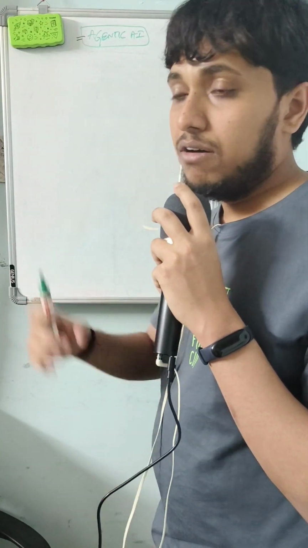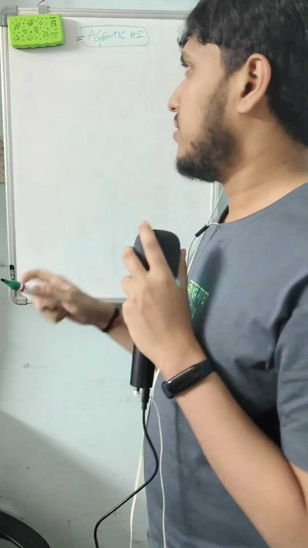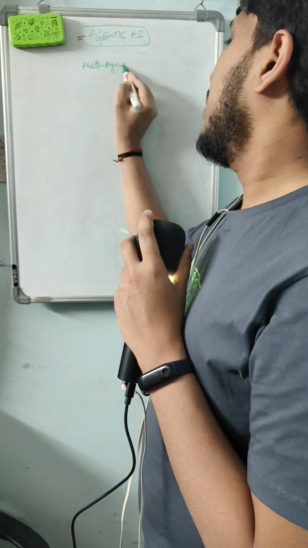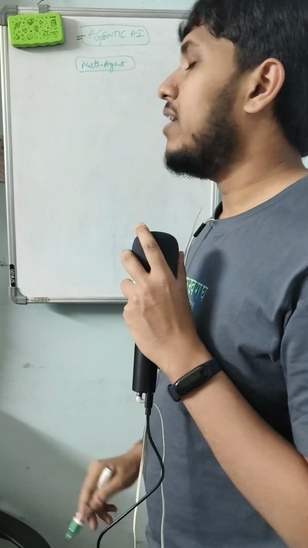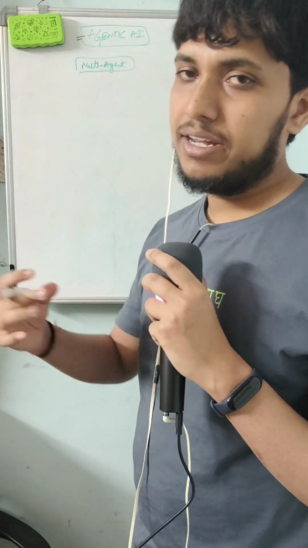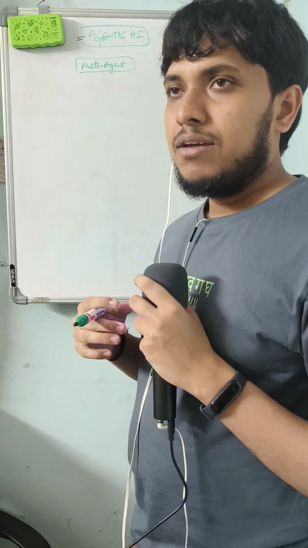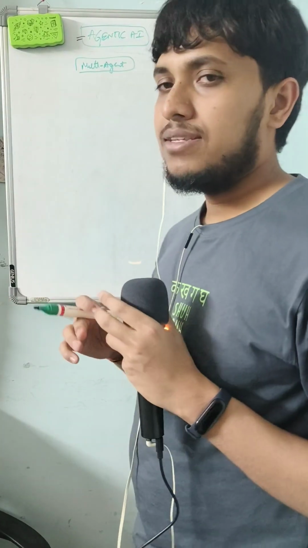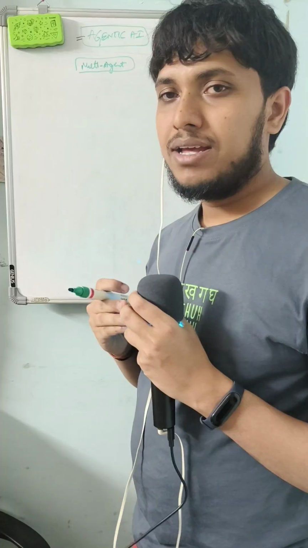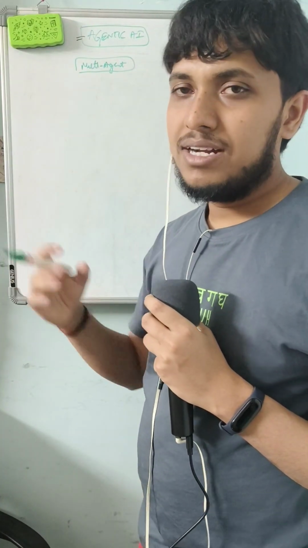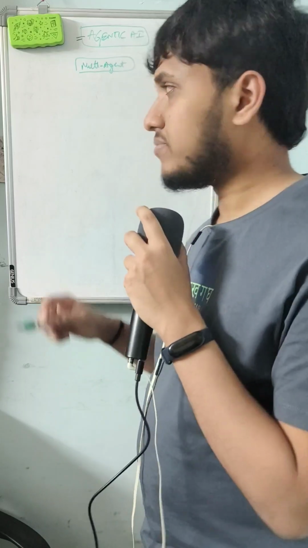Now, let me talk about the different architectures of multi agent systems. Firstly, why do we need multi agent architecture? Because we don't want a single agent to get a lot of context, and it will result in context rot.